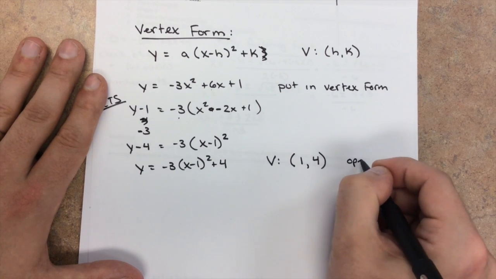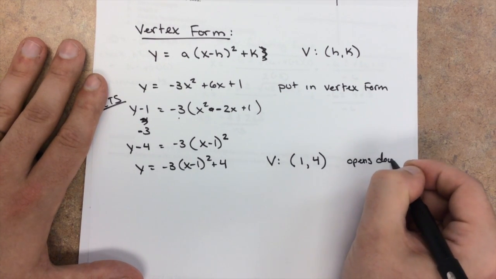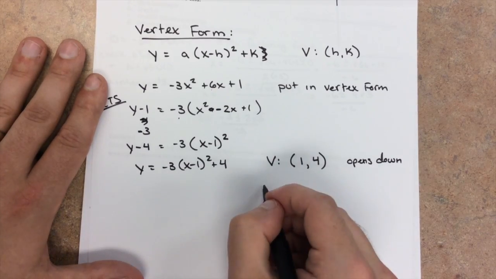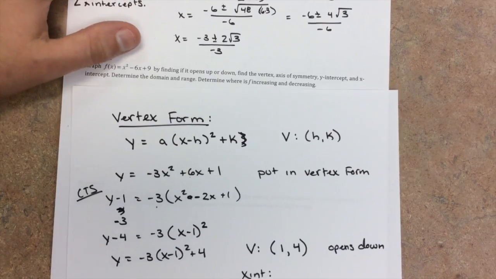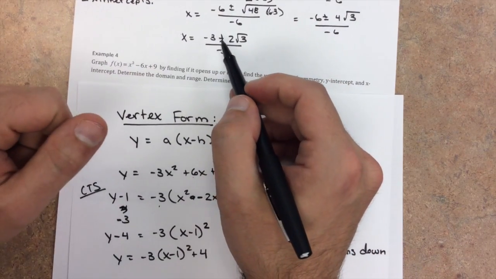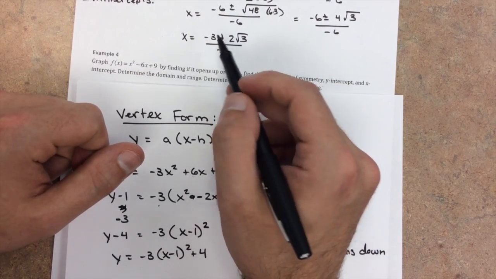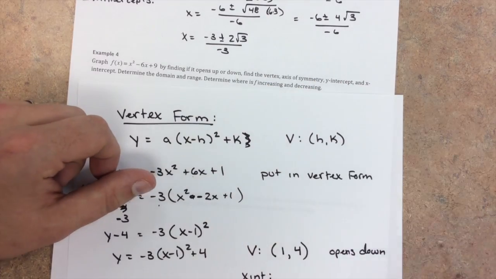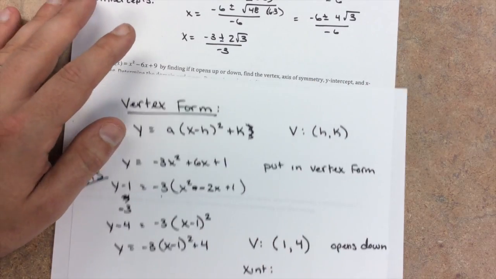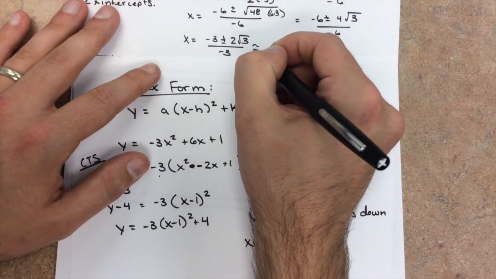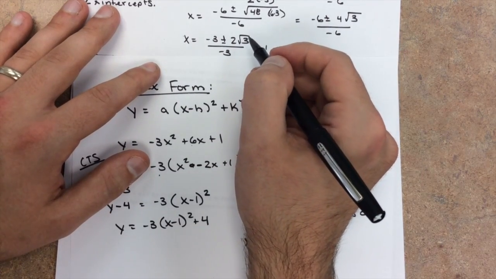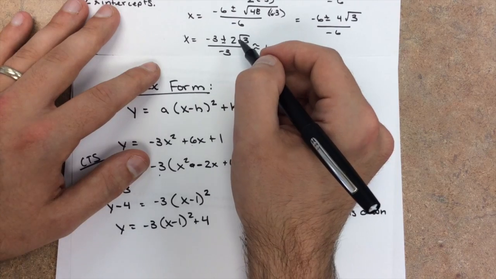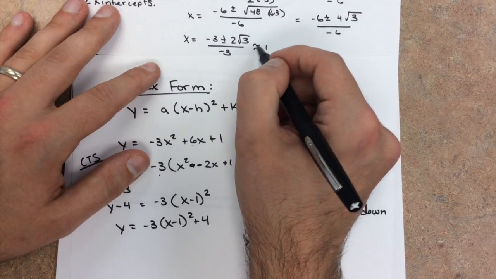This opens down. My x-intercepts we found from the previous problem, which is negative 3 plus or minus 2 root 3 over negative 3. So that is pretty close to 1-ish, because root 3 is 1.86, so that would be 2.4.